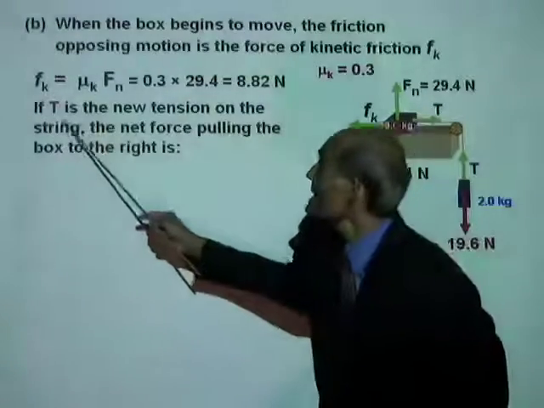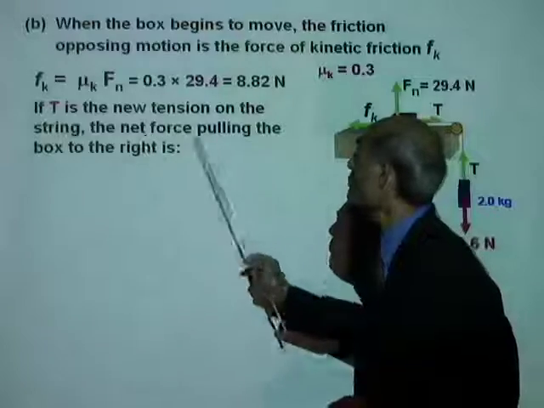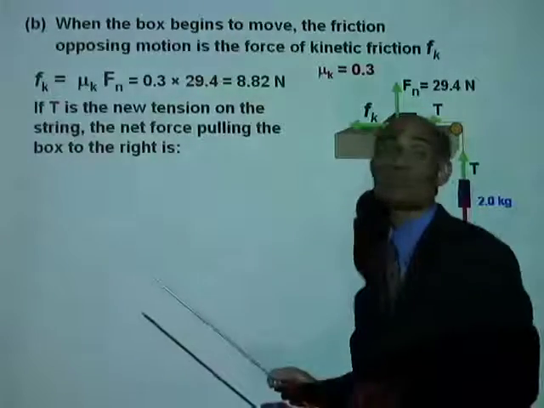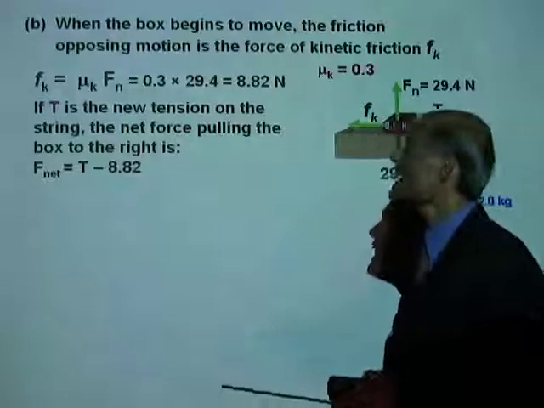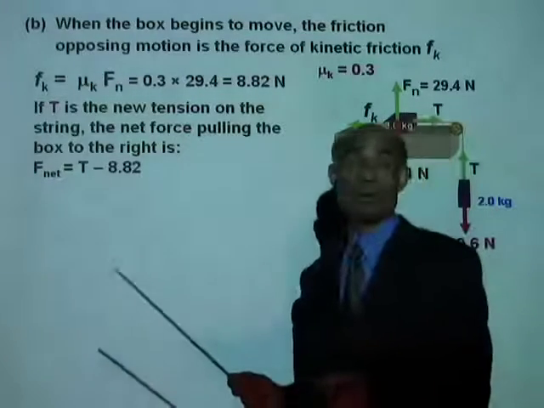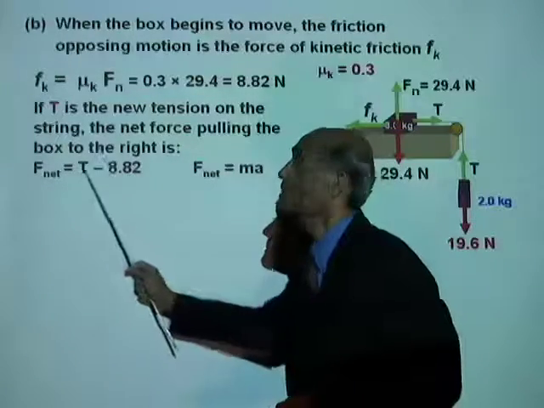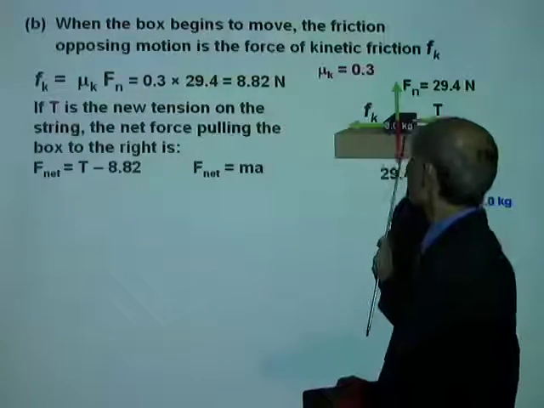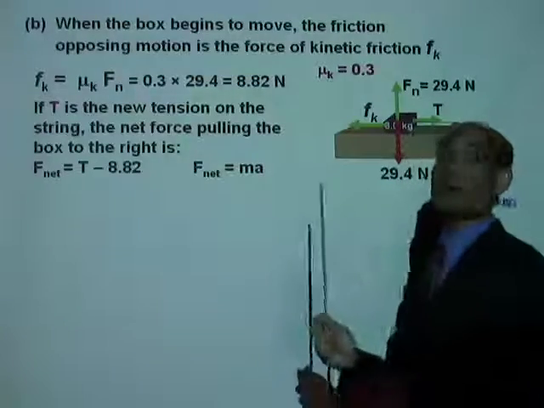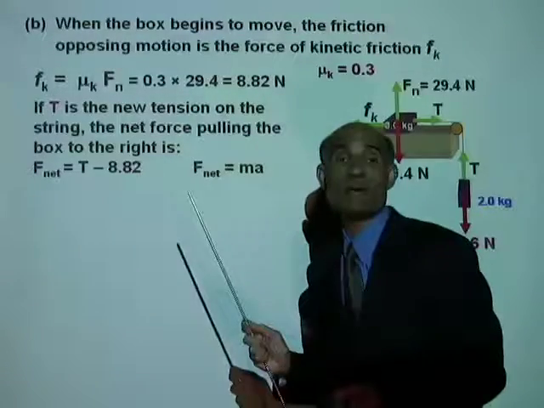If T is the new tension on the string, then the net force pulling the box to the right will be F net equal to T minus 8.82. This net force will produce an acceleration on that mass such that F net equals ma.